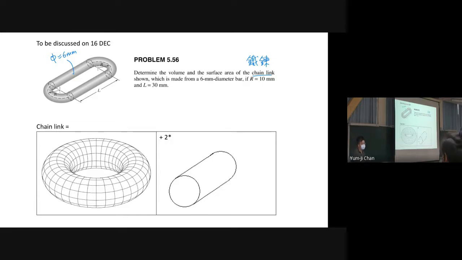Now, as you can see, if we determine the surface area or the volume of this chain link, it is equal to this one and 2 of these, right? So how do we call these 2 shapes? The left-hand one.